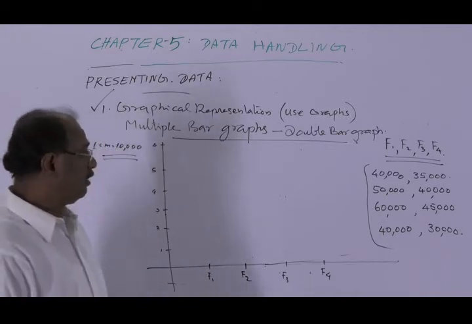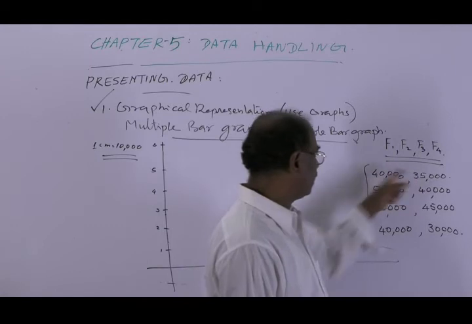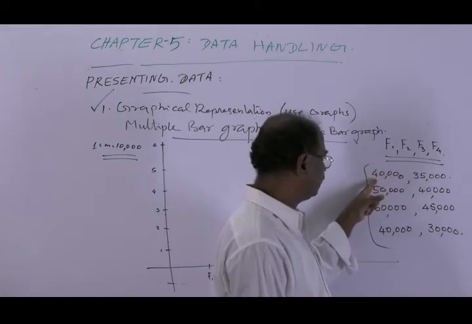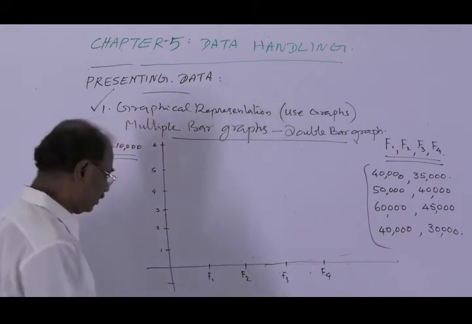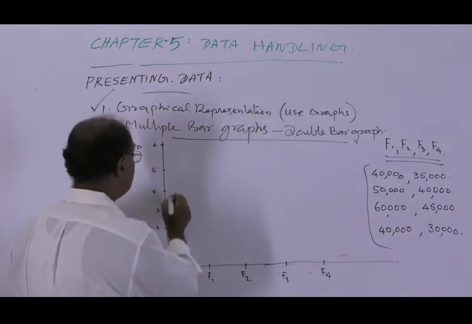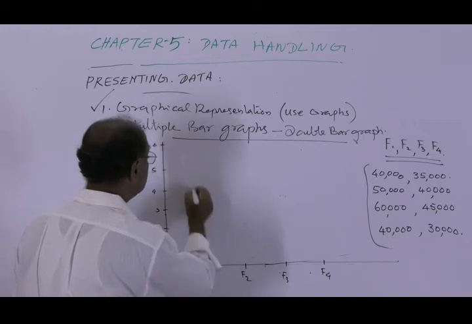Then for the first family, 2 bars, 1 bar corresponding to 40,000 and the other for 35,000, the bars placed adjacently.